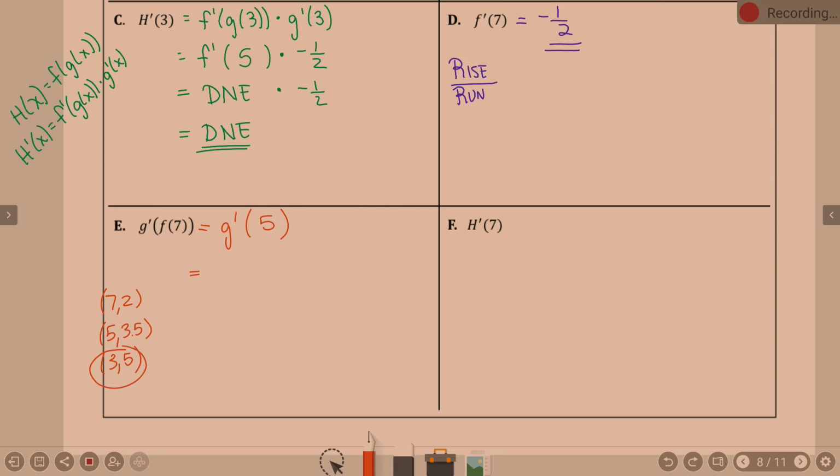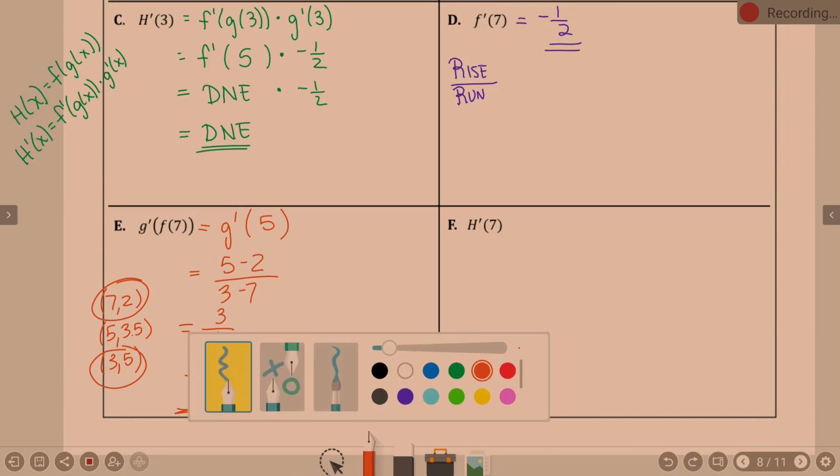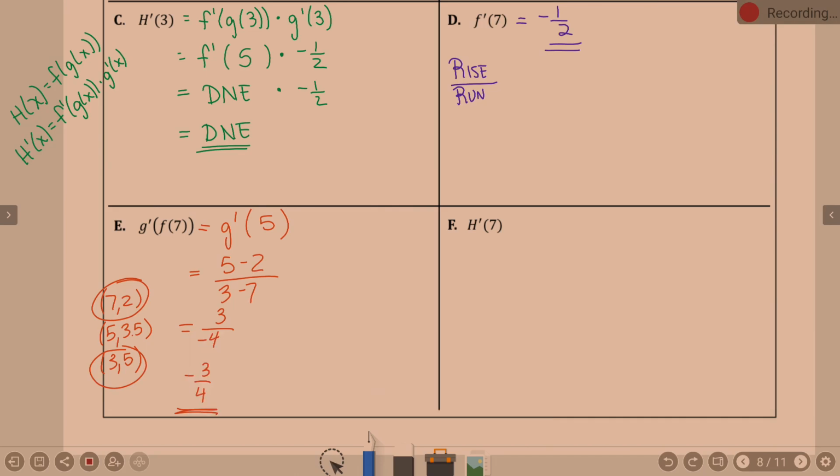We'll go the other way. I ended up about -3/4. Okay, one more.